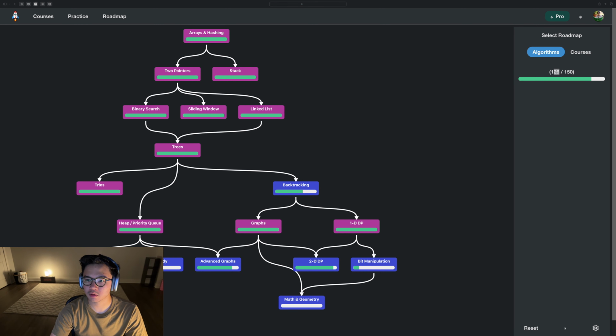Interesting. I think that's why. We have to reset. Switch accounts. Okay, I think that's it. There we go. Now it's working.